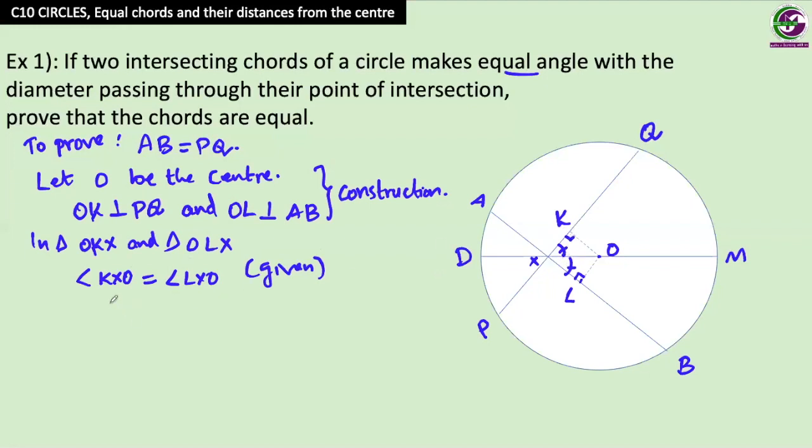Angles K and L are 90 degrees because they are perpendiculars. And we have XO is common.